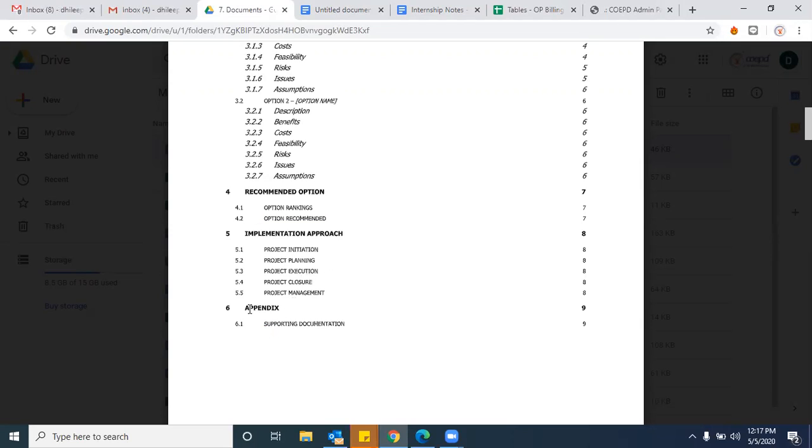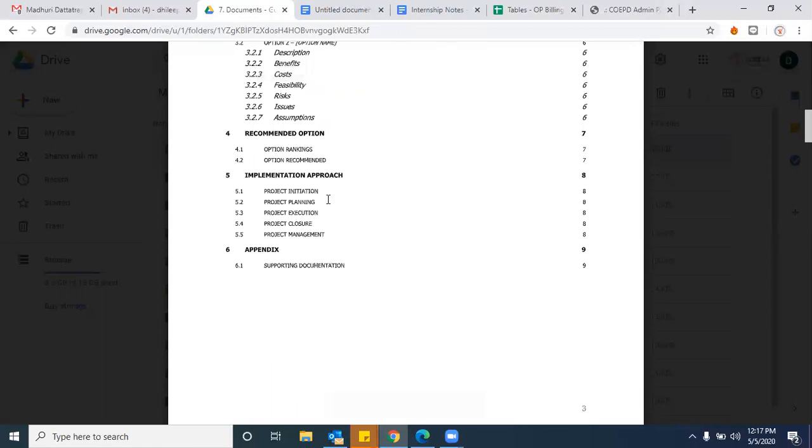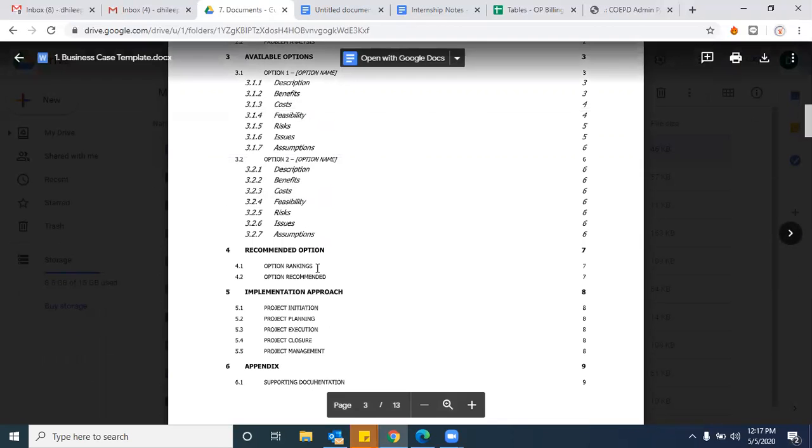Finally, this appendix is also common for all the documents, and especially this appendix will contain the supporting documentation. This is very, very important. Please listen carefully. The supporting documentation is nothing but on what basis you prepared all these elements of the document.